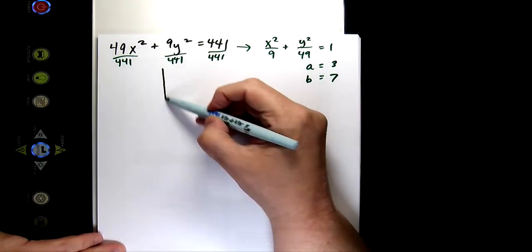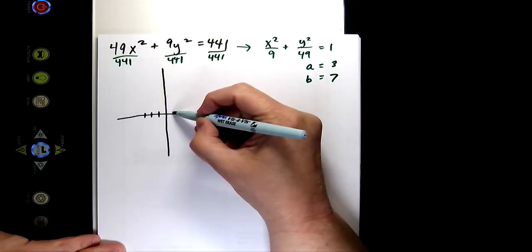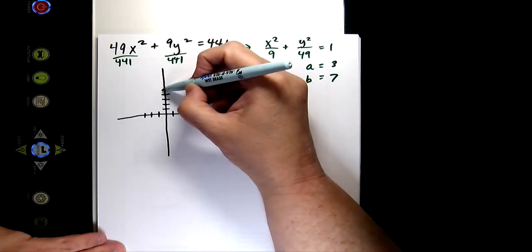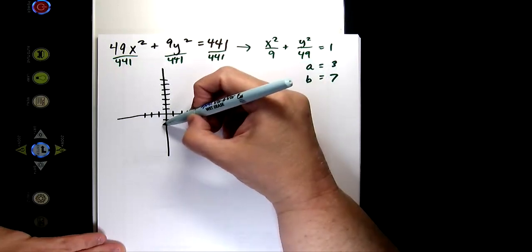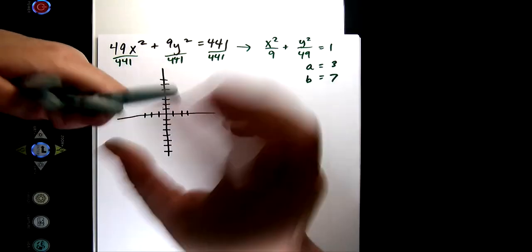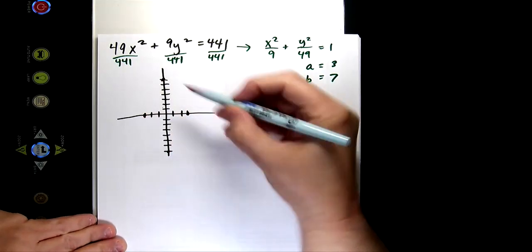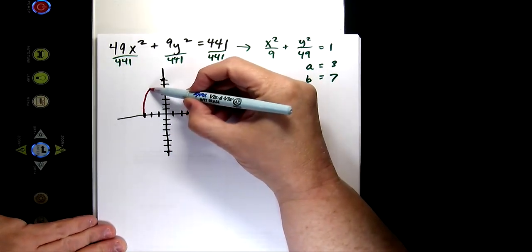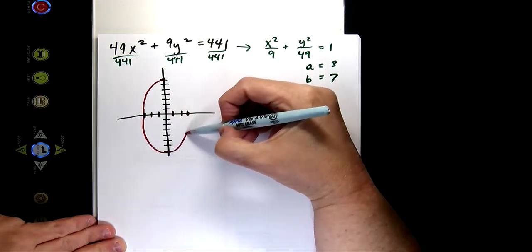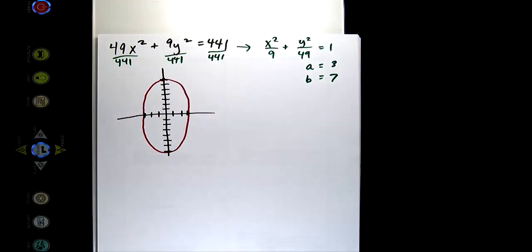B goes with the Y, so I need to make this kind of tall. Not perfect, but it works.